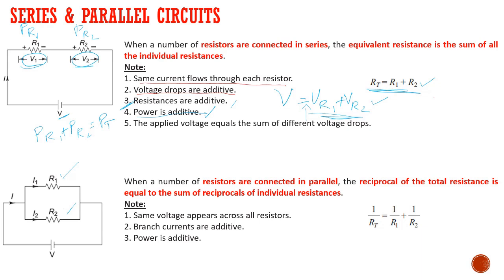These two resistors are connected in parallel. How can we say these two are in parallel? For series, we have seen cascade connection of R1 and R2. Then we can say these two are connected in parallel.